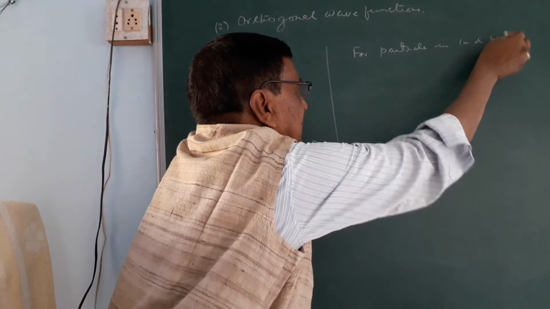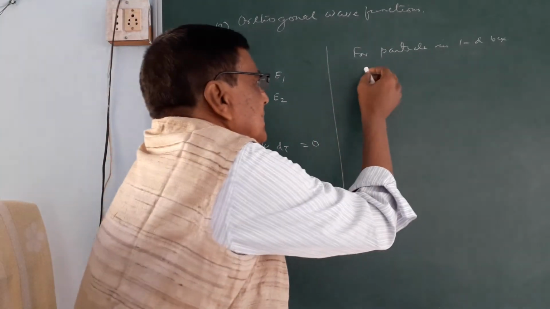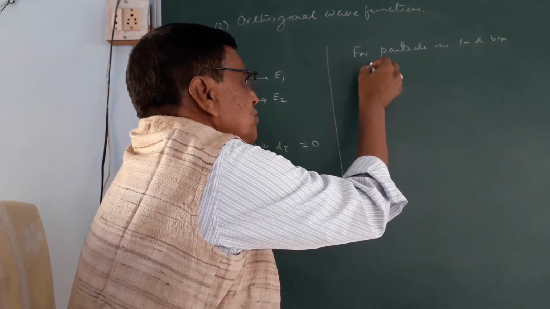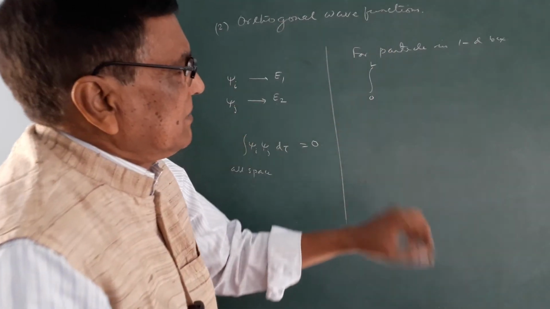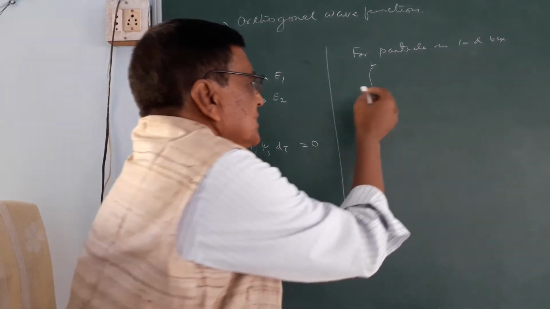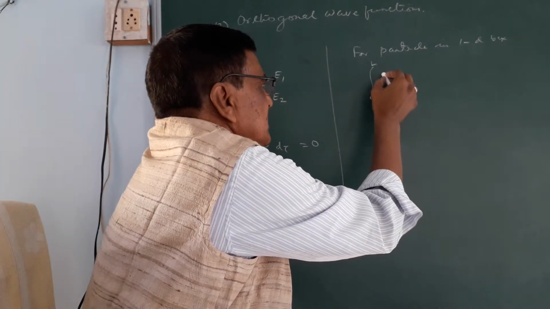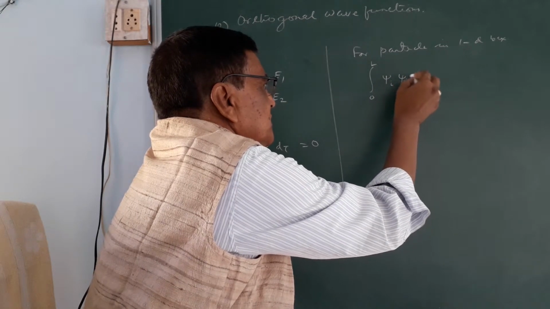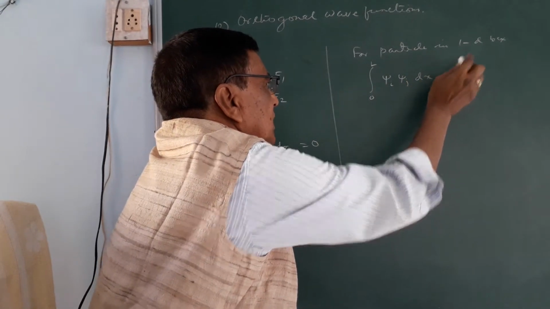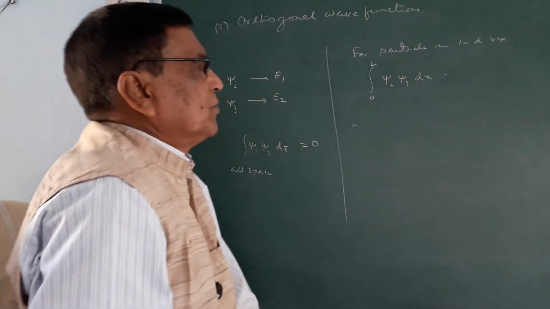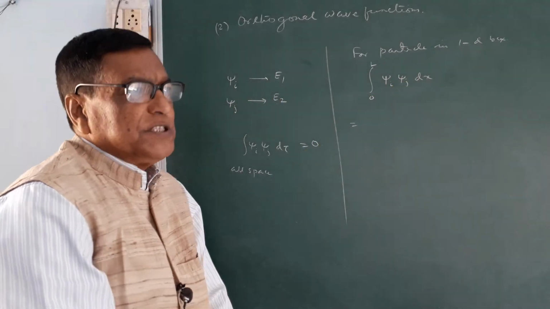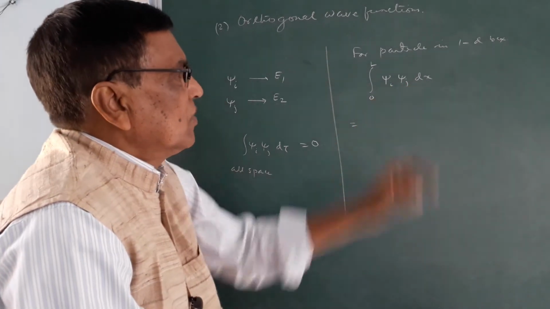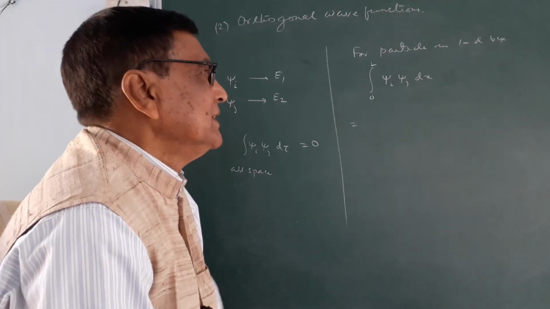Suppose the limit is 0 to L, as the particle is within this 0 to L distance, and this is the integral of psi i psi j dx. You have to find out whether this integration will give you the zero value. If it gives zero value, then these two are orthogonal to each other.